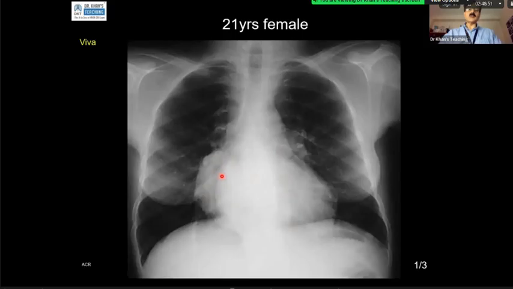Expansion of the ribs with this finding, your mind should immediately go to extramedullary hematopoiesis. But in the exam, if you don't pick this finding up, you are looking at a paravertebral mass.